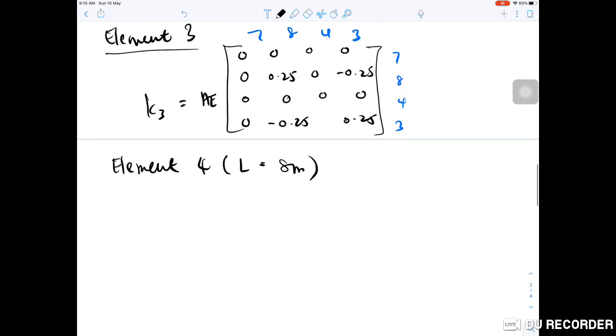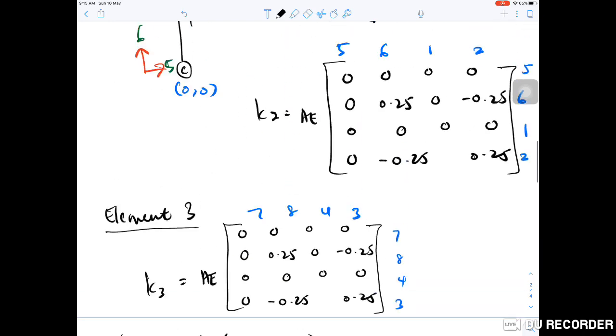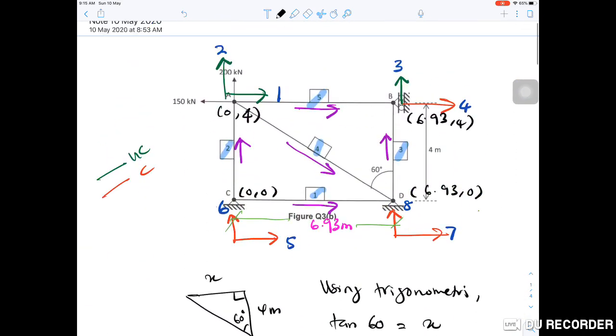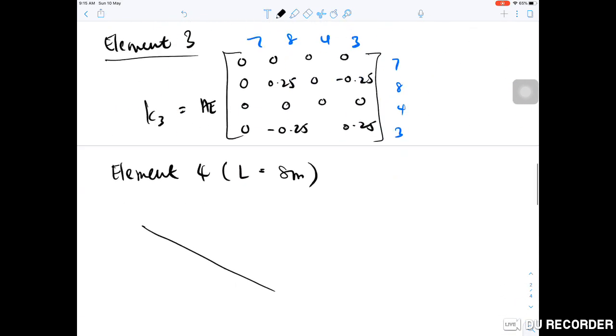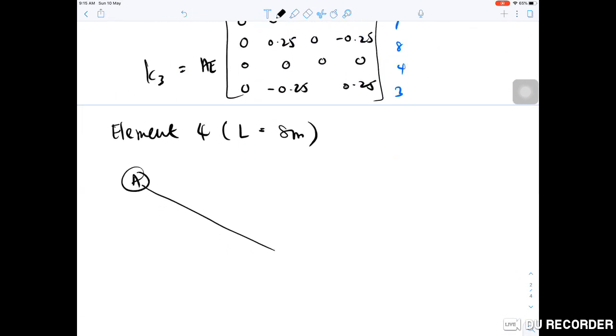This is the member joining A and D. Coordinate A is 0, 4 and coordinate D is 6.93, 0.